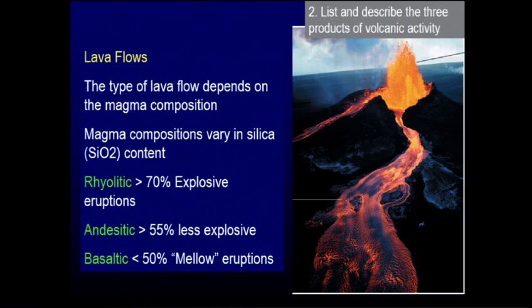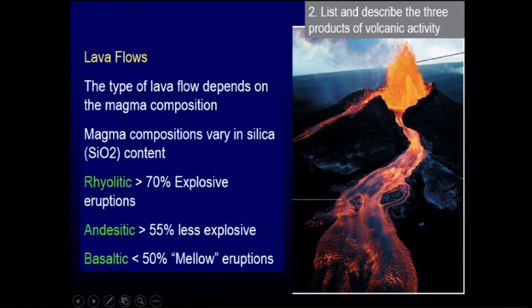In terms of lava flow, again, just think of the type of lava flow related to the magma composition. You know that magma compositions vary mainly by silica content. That's the thing that controls the viscosity, whether it flows easily or has high viscosity and flows very poorly. These numbers are weight percent silica.